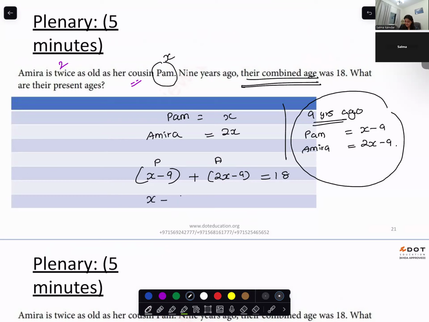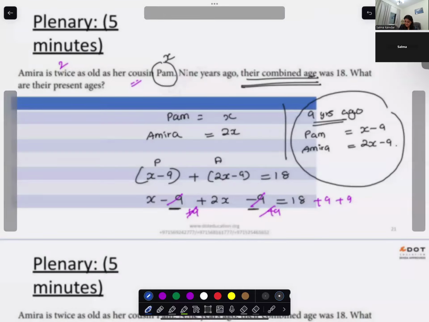I have x minus 9 plus 2x minus 9 is equal to 18. Get the like terms together. Minus 9 and minus 9. If I have to remove, I will add 9 and add 9 two times. So this will go away. I'm left with x and 2x.